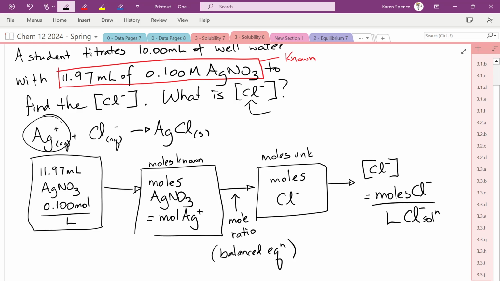It's not how you want this one. I just wrote it. That's concentration of CF.